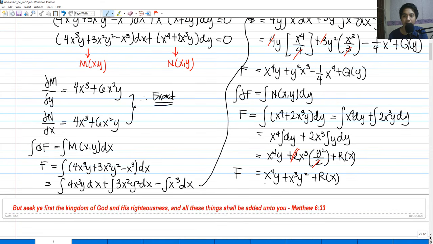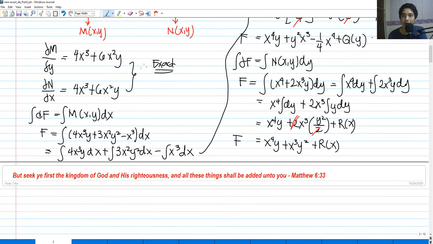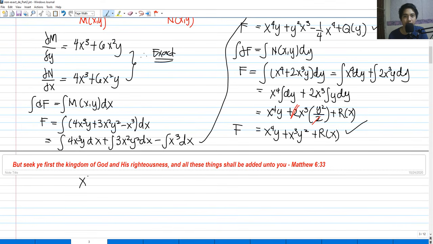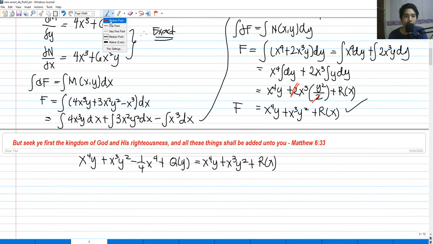So as we can see, we are going to equate these two to determine the value of q of y and r of x. So we have this. So if we determine the value, we have q of y.